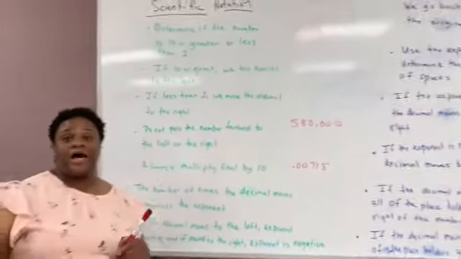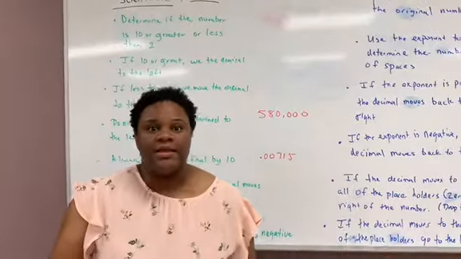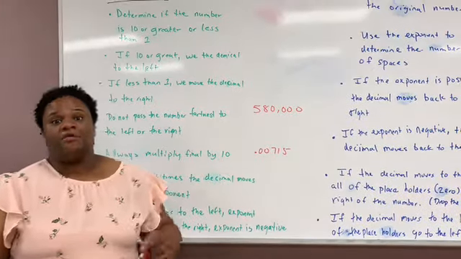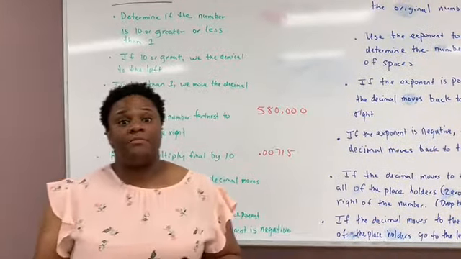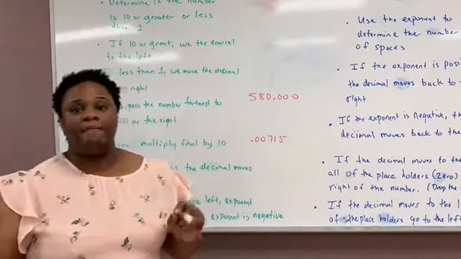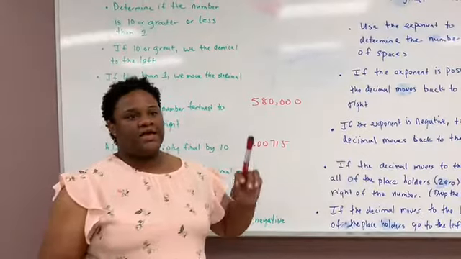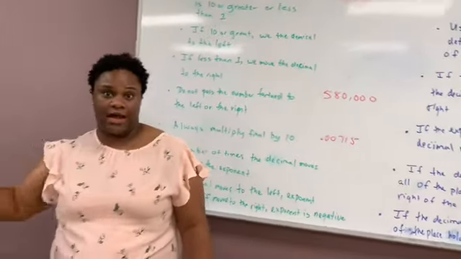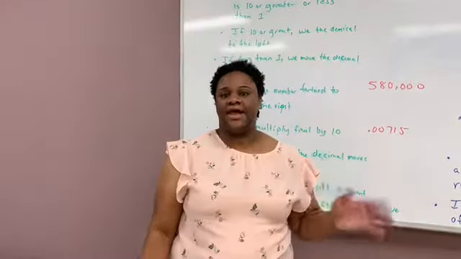Once you decide which way you're moving, now you have to move your decimal to the place where it needs to stop. Remember that your decimal can't move past the number that is farthest to the left or the farthest to the right, so it can't pass the last number.